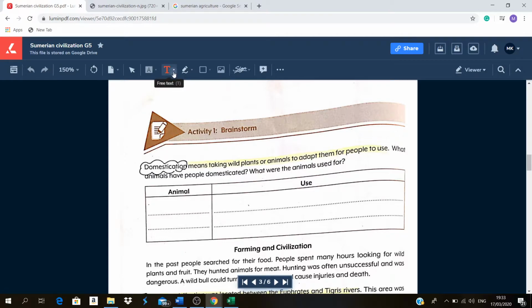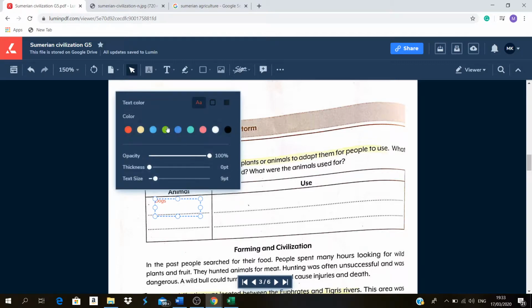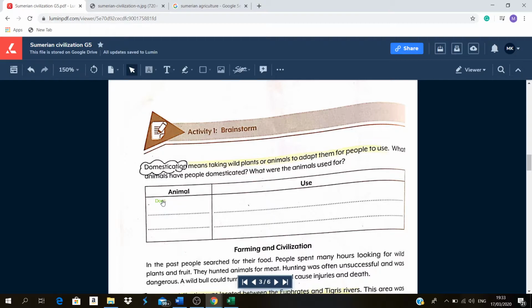What do you think of dogs? People domesticated dogs. Why? Do you have any idea? Why did people domesticate dogs? They domesticated dogs for guarding, to take care of their home, to take care of the sheep.